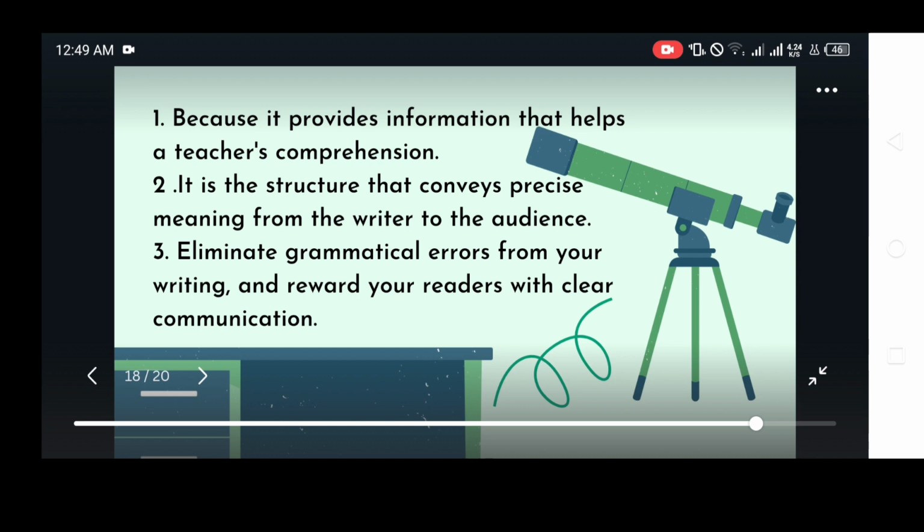When the grammar structure is hard for our readers to understand, the message is lost. Grammar is the structure that conveys precise meaning from the writer to the audience. Eliminate grammatical errors from your writing and reward your readers with clear communication.